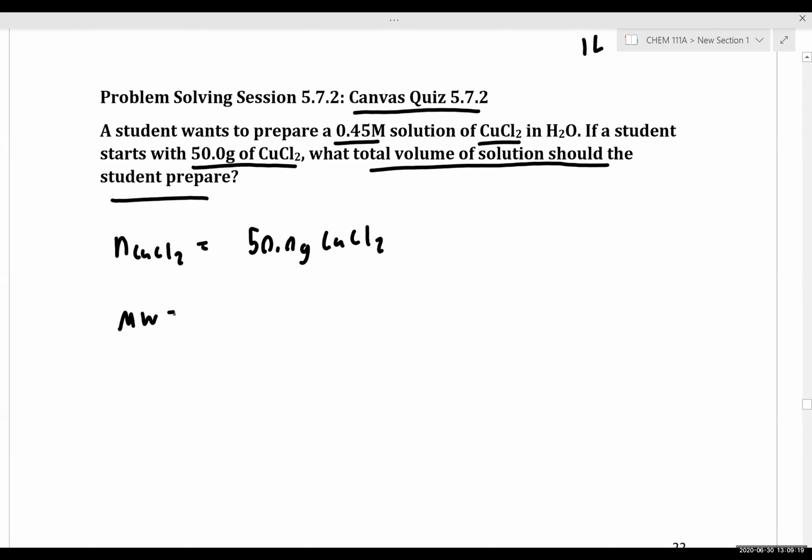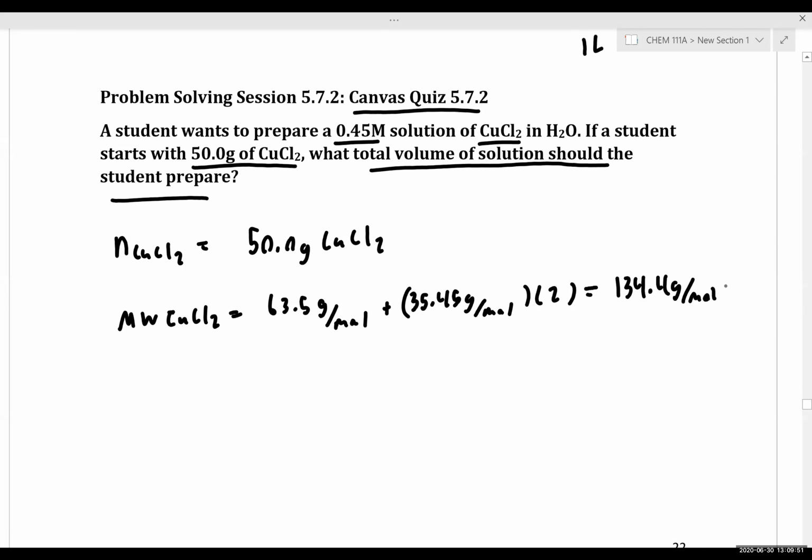Let's calculate the molar mass: 63.5 grams per mole for copper, plus 35.45 grams per mole times 2 chlorine atoms. Punching that into our calculator, 63.5 plus 35.45 times 2 gives us a molar mass of 134.4 grams per mole of copper chloride.